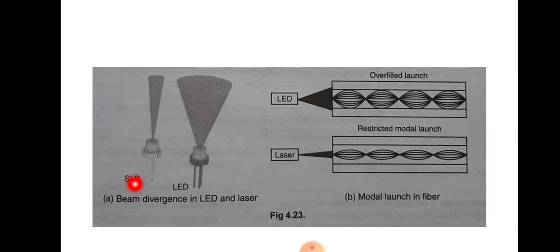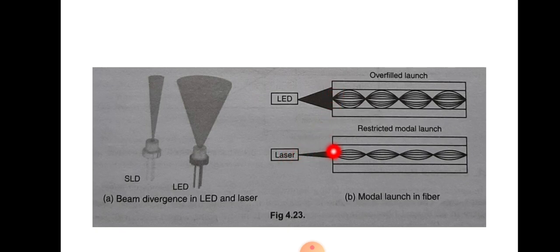See here, two sources: the SLD, that is the semiconductor laser diode, and its source aperture is shown like this, and in the case of the LED, that is the light emitting diode, the numerical aperture is like this. If we couple an LED source with the fiber, you can see that some part of the light input is lost here, since its numerical aperture is wider.